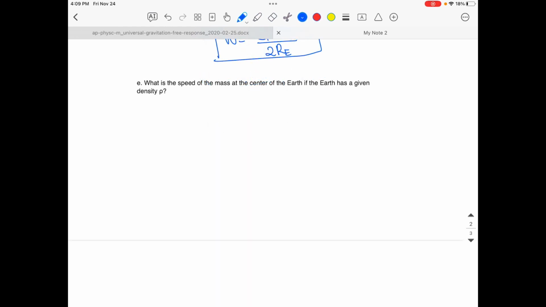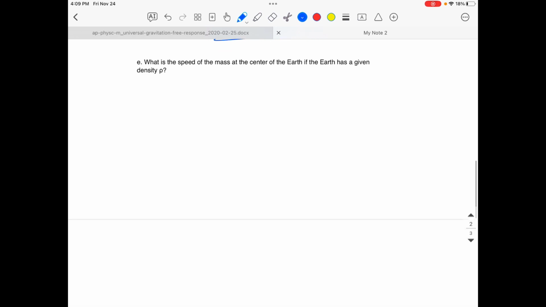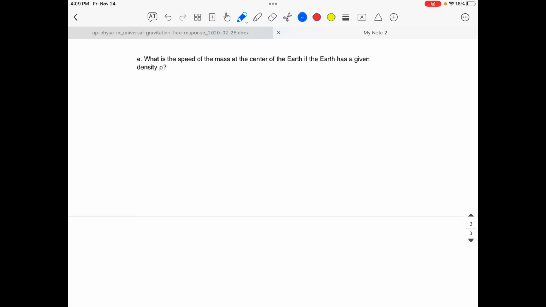Okay, so for part E, this one is a difficult problem. I did it with you guys in class, but I know that it might have been hard to follow, so I'm going to do it again in this video. So you've got the speed of the mass, and you're also given a density. It's good to know that density is represented by rho.